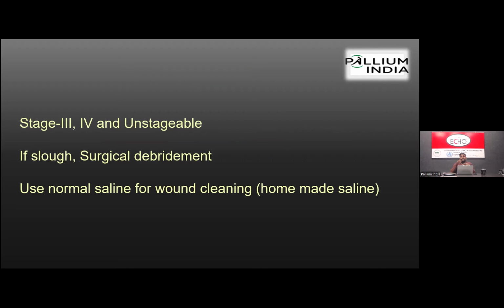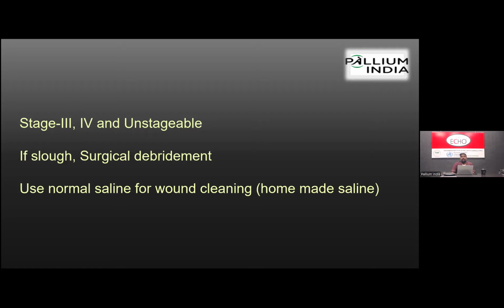For the third stage, fourth, or unstageable fifth, I am covering all three together. If slough is there, we can do surgical or mechanical debridement, or chemical debridement. For chemical debridement, many ointments are available, but in our setting we use papain-urea content Debridase.